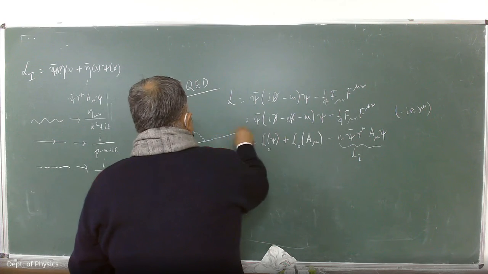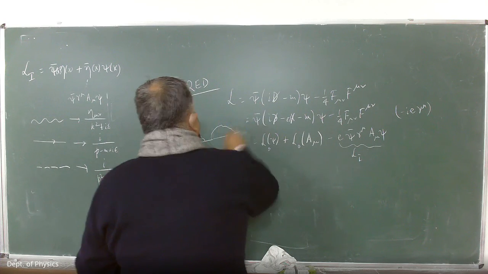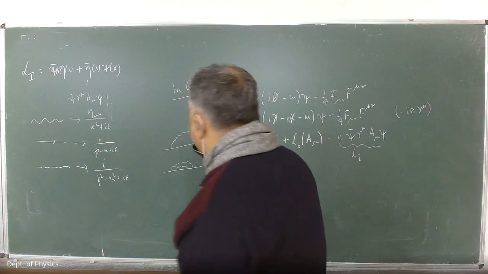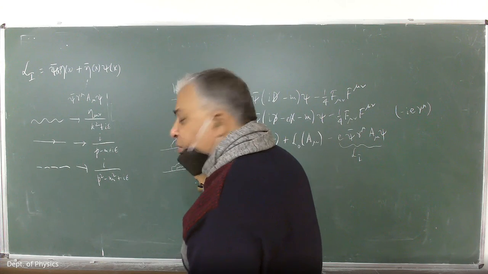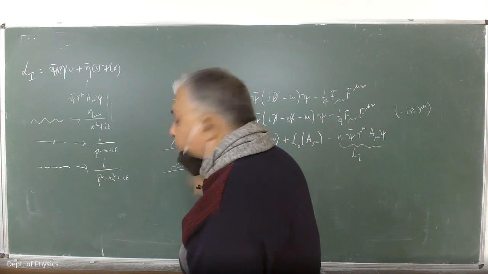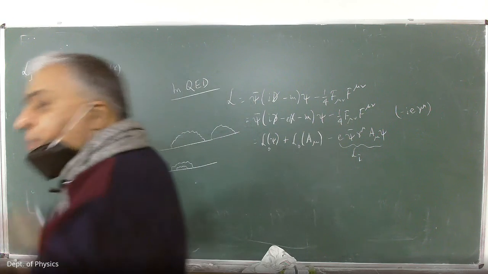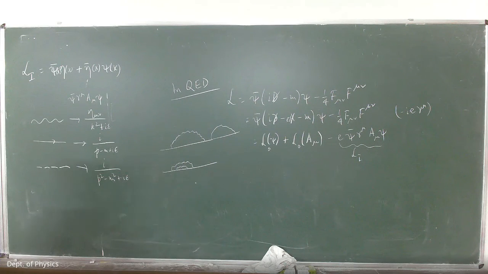So you may have this kind of diagram, where the electron propagates, then again another photon is emitted and absorbed here. What you have to do is, this will have some probability amplitude, and this will have some probability amplitude. You have to add these amplitudes, take the sum, and then take the mod square.